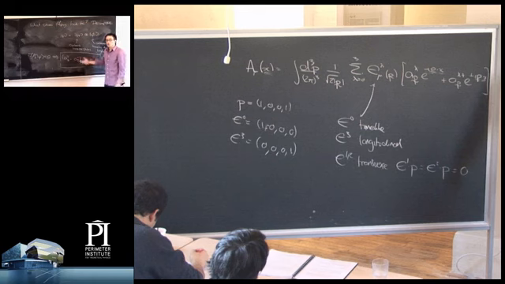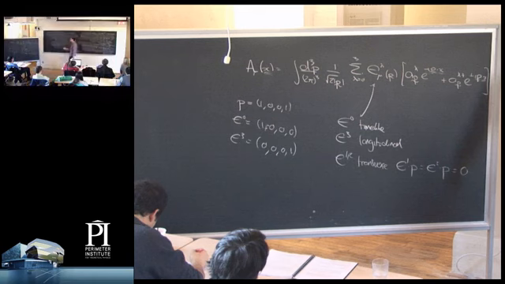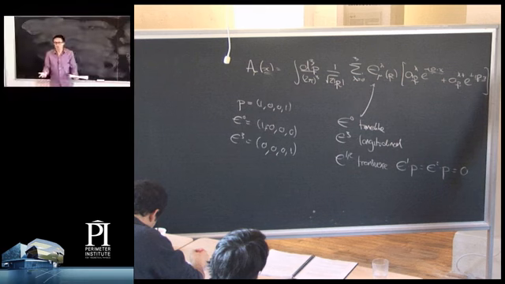So what it's telling us is not that the physical states can't have any time-like or longitudinal photons, but that they've got to have an equal number of time-like and longitudinal photons. That's what we're getting from this condition.